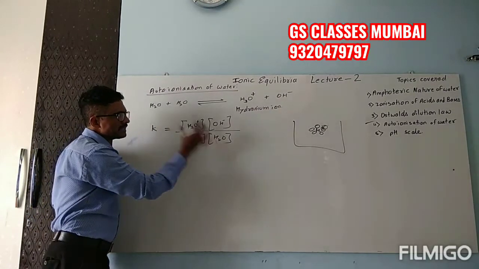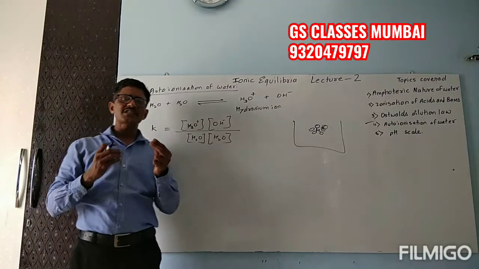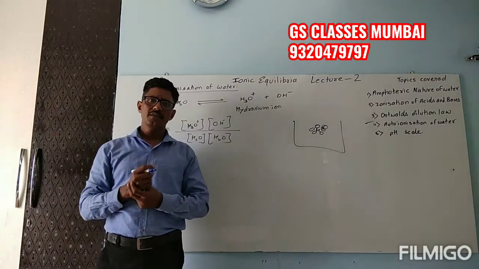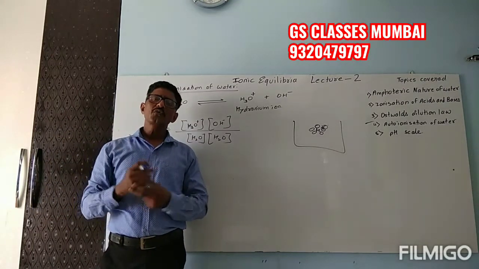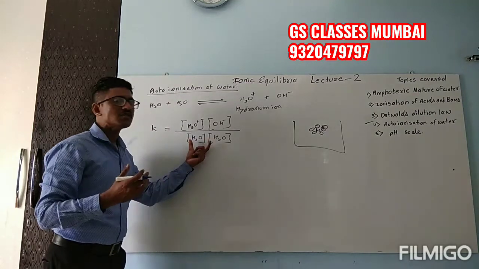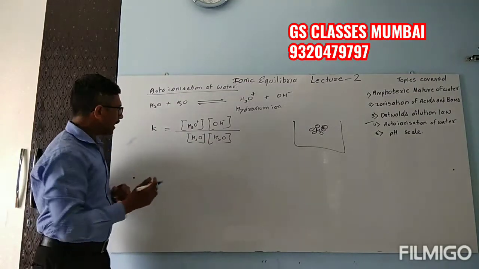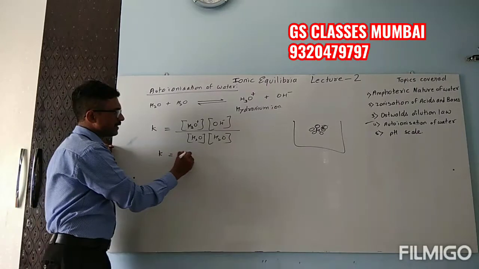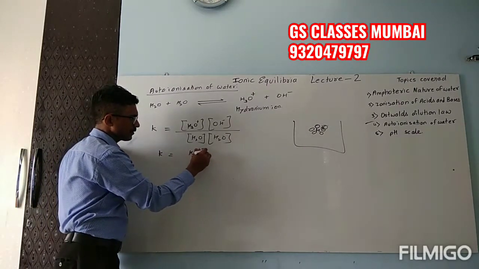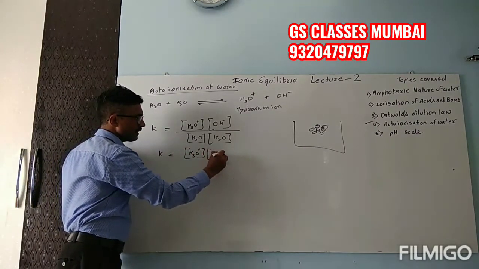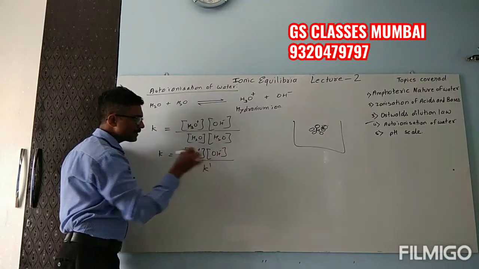But since the degree of dissociation is very small, we consider this value to be constant. And since this value is constant, we replace this constant by another constant.